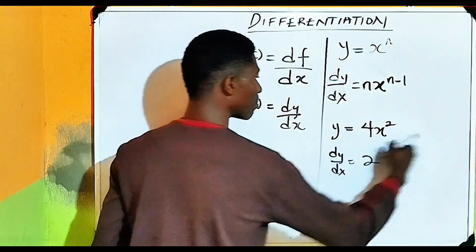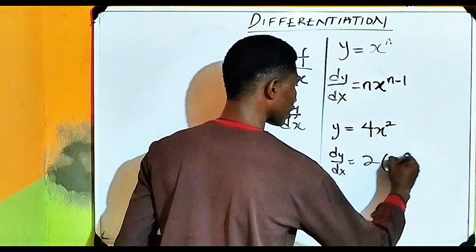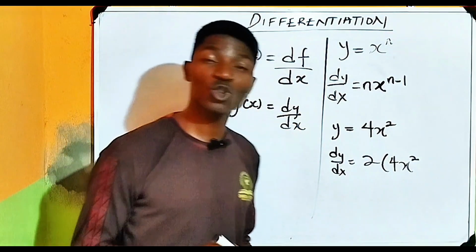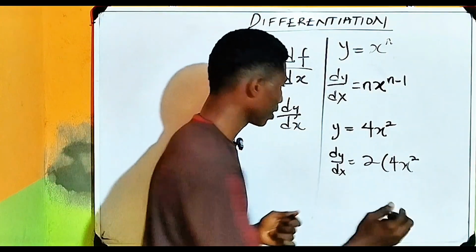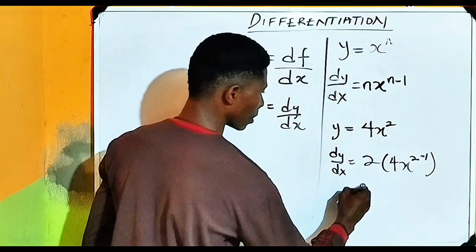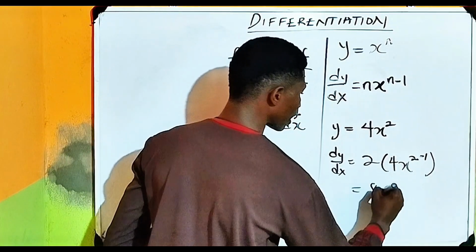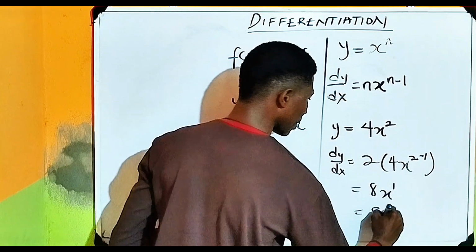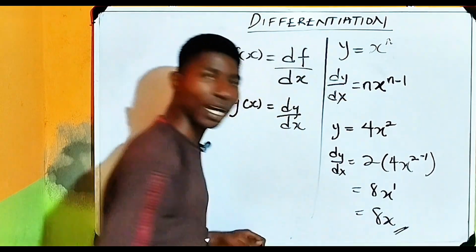First step, times everything. What is the second step? Subtract 1 from the power. So let's multiply: 2 times 4 is 8. x power 2 minus 1 is 1. Hence we have 8x as our answer.